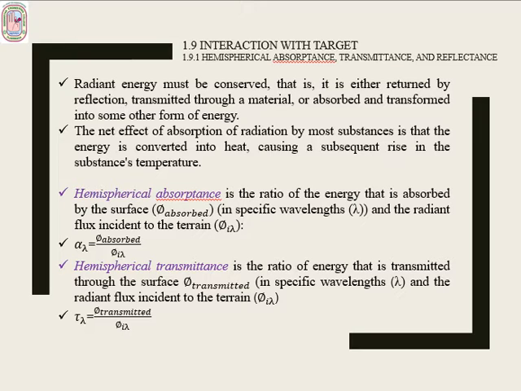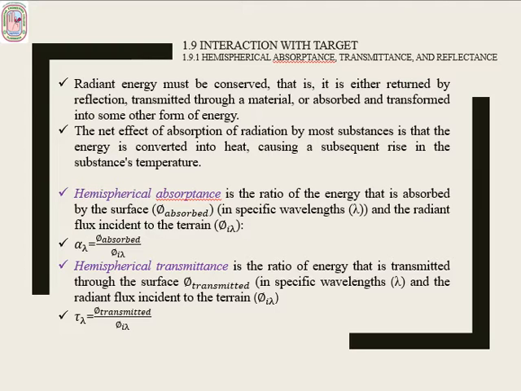The first one is the hemispherical absorptance. It is the ratio of energy that is absorbed by the surface in a specific wavelength to the radiant flux incident to the terrain. So, alpha lambda is phi absorbed divided by the total phi incident in those wavelengths. Hemispherical transmittance is the ratio of the energy that is transmitted through the surface at the specific wavelengths lambda.